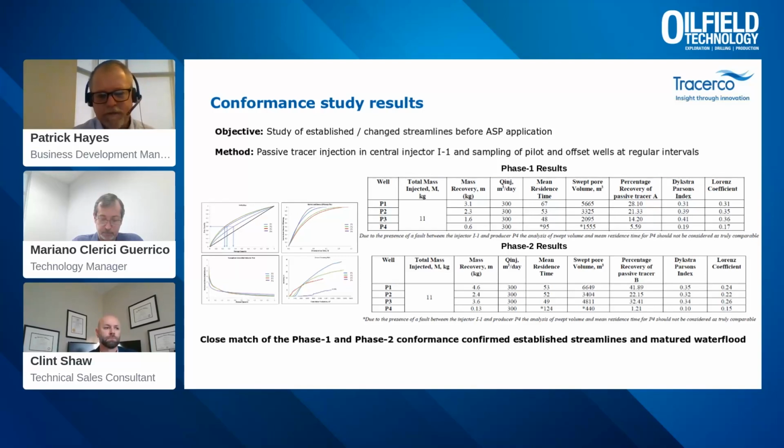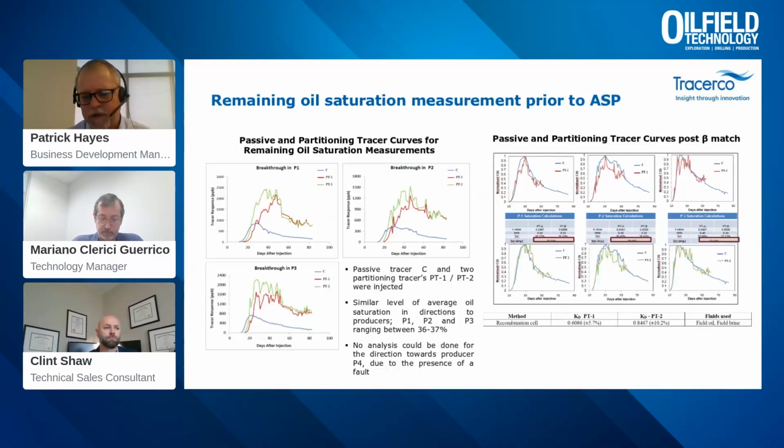Followed by this was the injection of the passive tracer with two different partitioners. Now, two different partitioners were used to enhance the accuracy of the data.